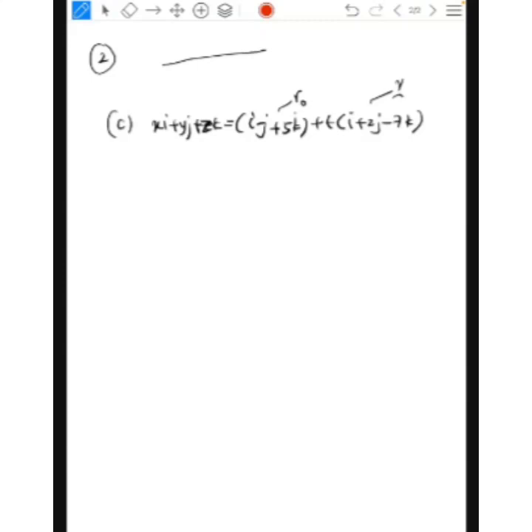Kadang-kadang saya tulis macam ni je sebab nak ringkas, but actually it is to be written with this, which means a vector. Kalau tulisan komputer dia kena yang bold tu vector. Takkanlah setiap kali saya nak tulis bold macam ni kan. So you faham lah maksudnya r0 and v is a vector.